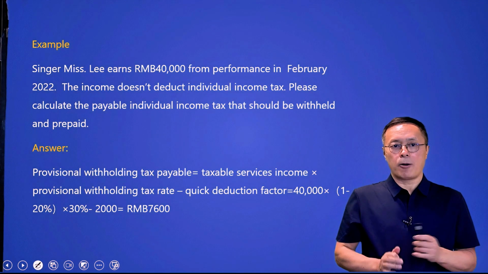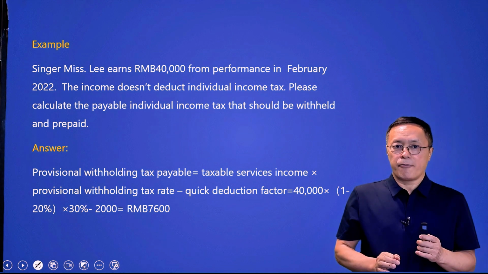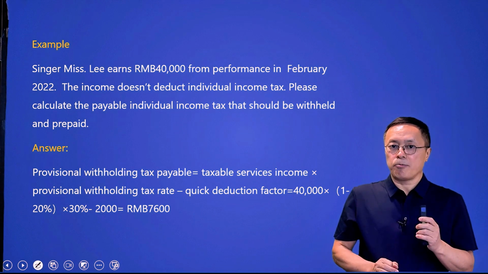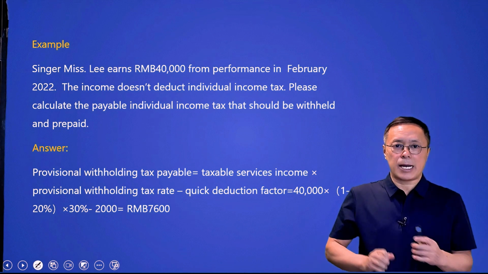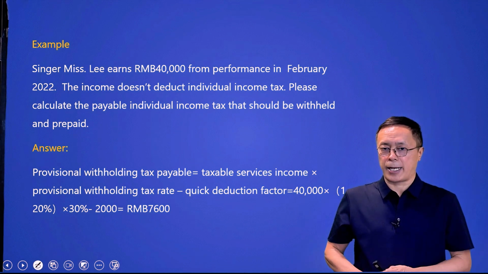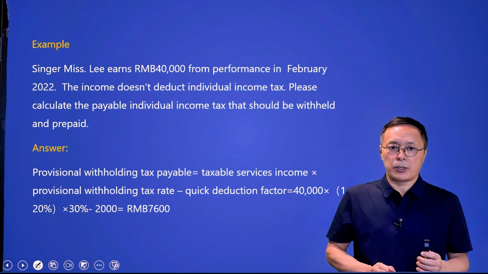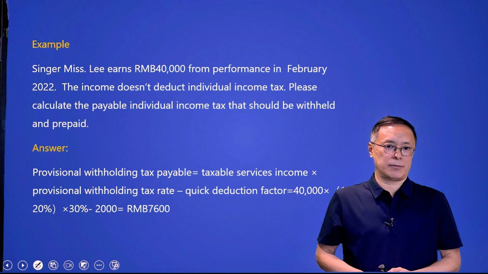In this example, Senior Maisley earns RMB 40,000 from performance in February 2022. The income doesn't deduct individual income tax. Please calculate the payable individual income tax that should be withheld and prepaid.